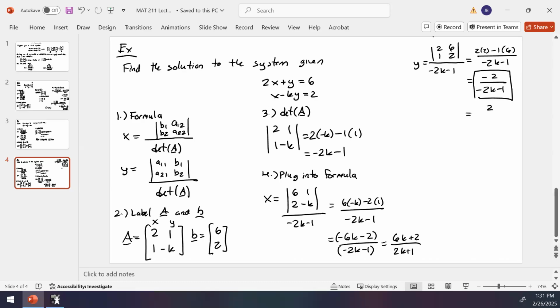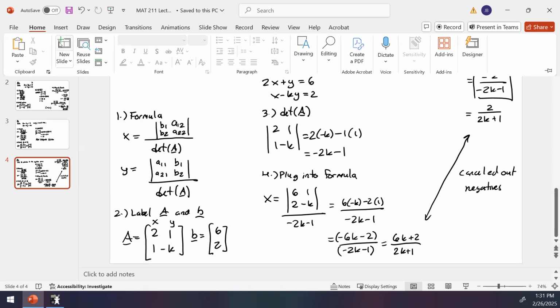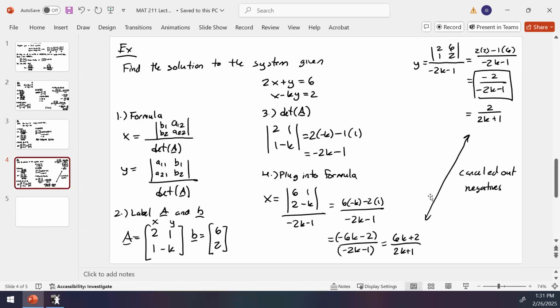Same thing here, they cancel out all of the negatives and they get a positive, okay? If you want to do it properly, you would factor out a -1 in front of the numerator and in front of the denominator and cancel them out. So that's how you solve for the X and Y variable.